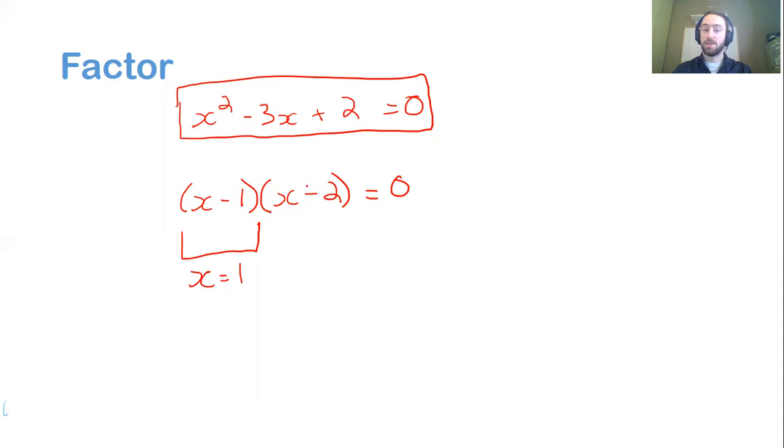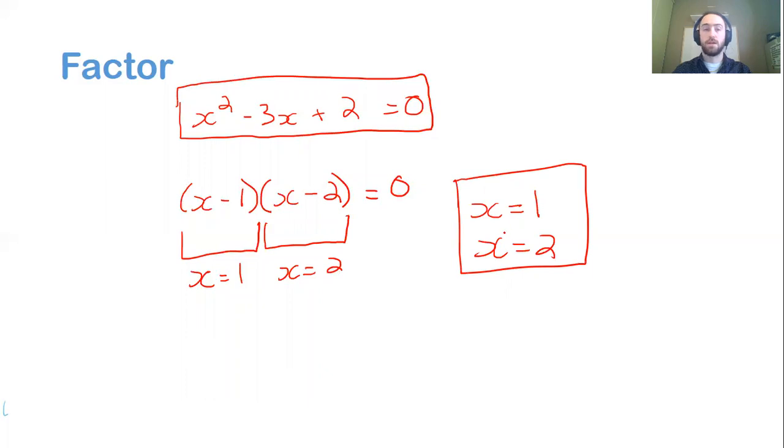And it doesn't matter what's on this side because 0 times any number is 0. So x equal to 1 is one of our solutions. And what about here? Well, if x equals 2, this equals 0. 0 multiplied by anything is always 0. So our solutions for this are simply x equals 1 and x equals 2.